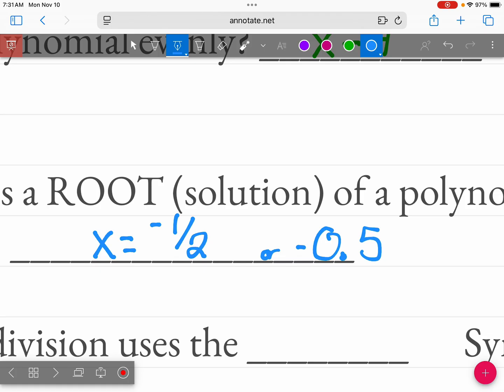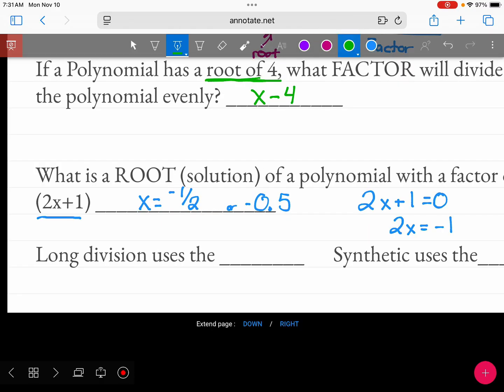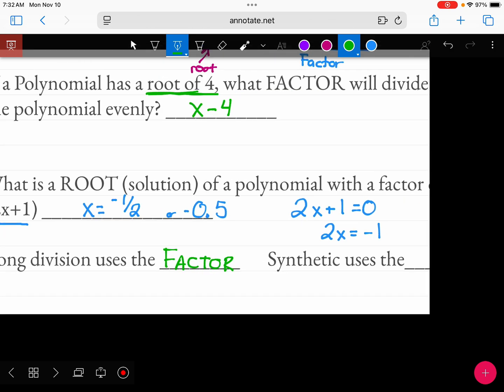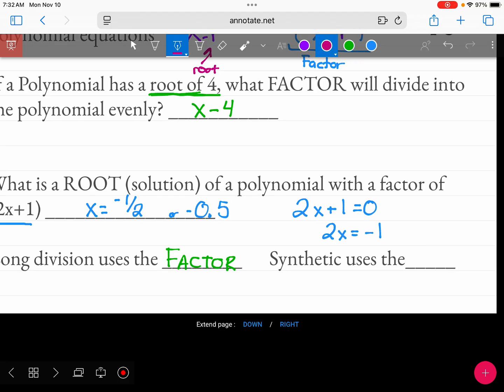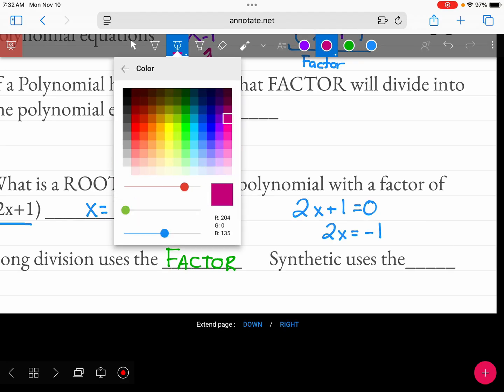When we do long division, like we did in the bell work, we use the factor to divide. So we're going to divide by x minus 4. We'll divide by 2x plus 1. We'll divide by x minus 7, x plus 3, anything like that. When we're using our new technique today, our kind of shortcut mode, that's called synthetic, and it uses the root.